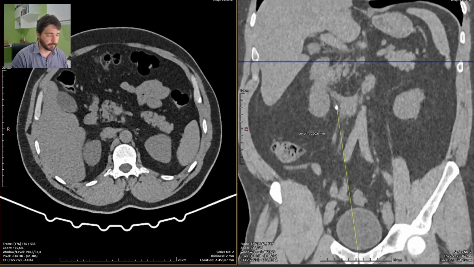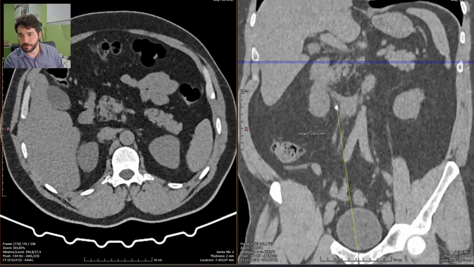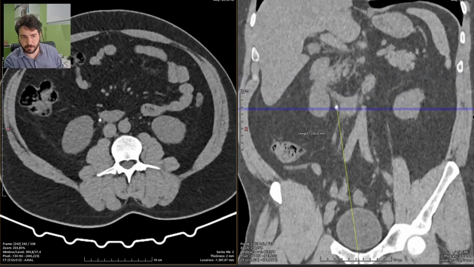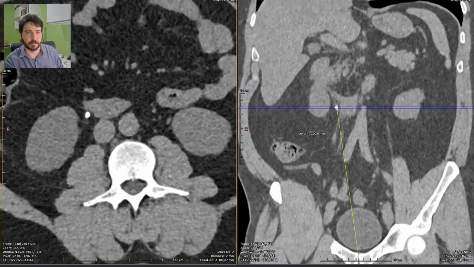Oh yep, and the culprit, the cause of the entire suffering of the patient, is this right here. So I'm going to measure its attenuation.